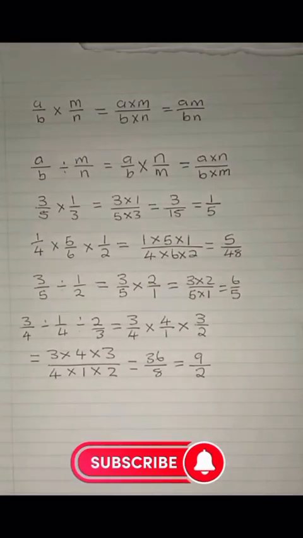Let's do another example where we mix both multiplication and division. So we're going to have 3 over 7 multiplied by 5 over 2 divided by 3 over 2. When you have a fraction like this, remember, you write your first fraction, which is 3 over 7, and then it's multiplication, which means we don't have a problem here.